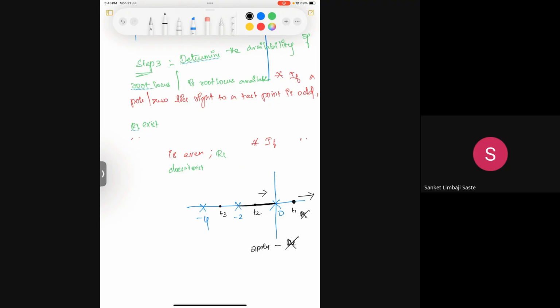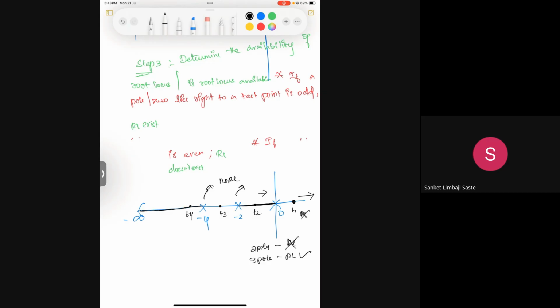There will not be any root locus between this pole and this pole. Then again I'm taking a test point here, T4. When I look to the right, there are 3 poles, that is odd, so root locus exists. Since there are no other poles to the left of this, I'm considering root locus exists from this point until minus infinity.